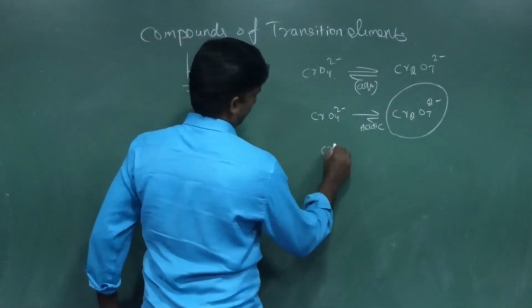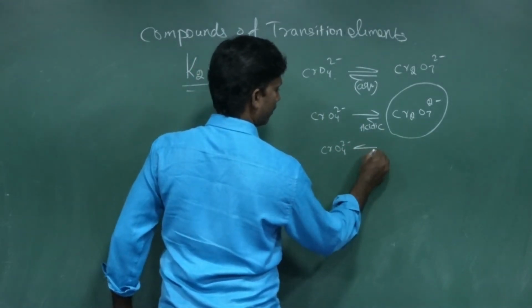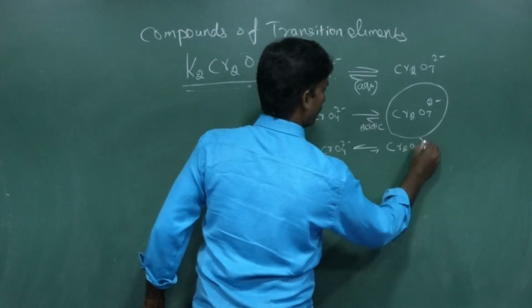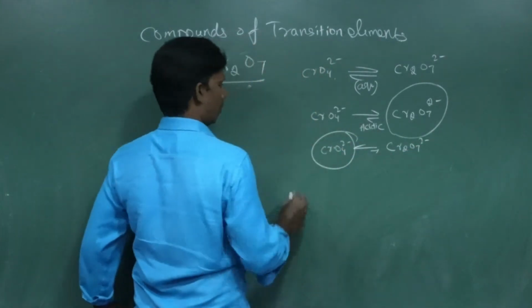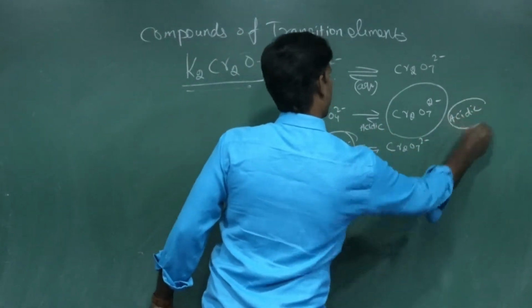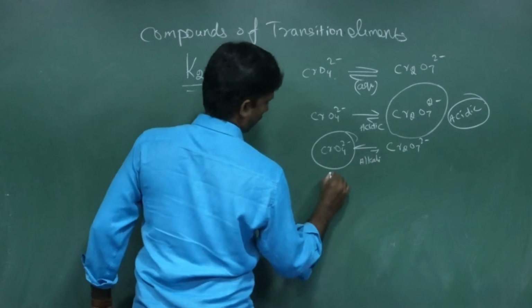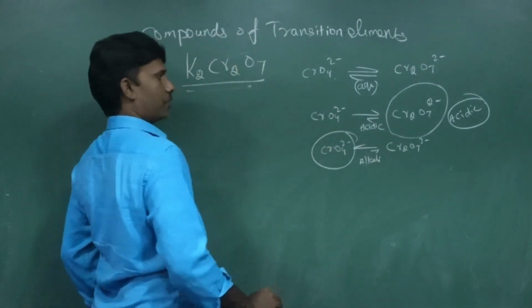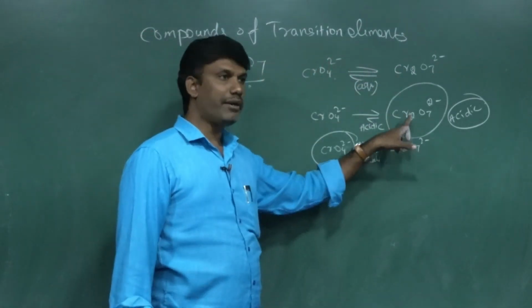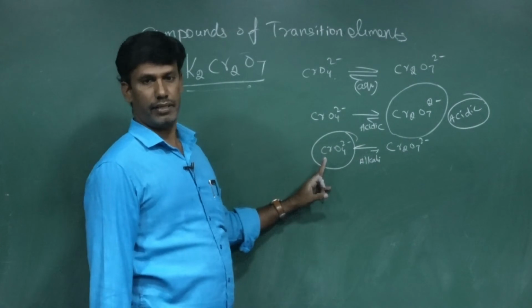In basic medium, chromate ion is predominant. So we can say in aqueous phase both are interconvertible. In acidic medium, dichromate ion is predominant. In a basic medium, chromate ion is predominant.